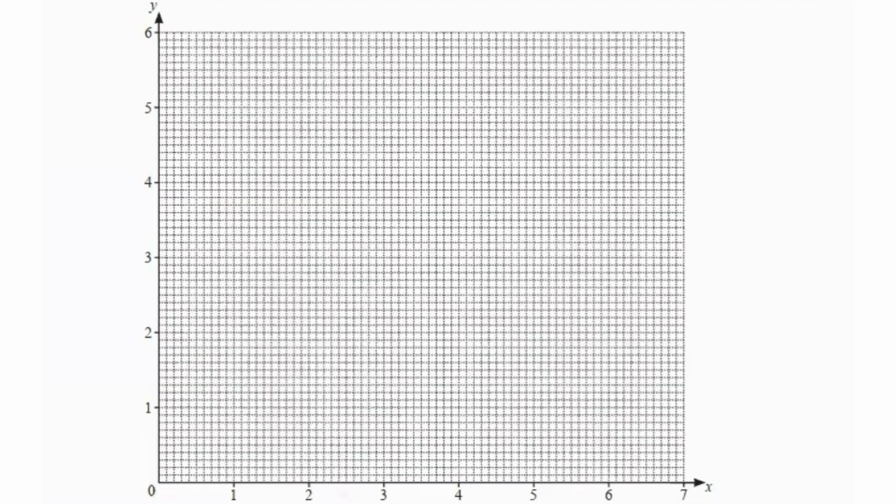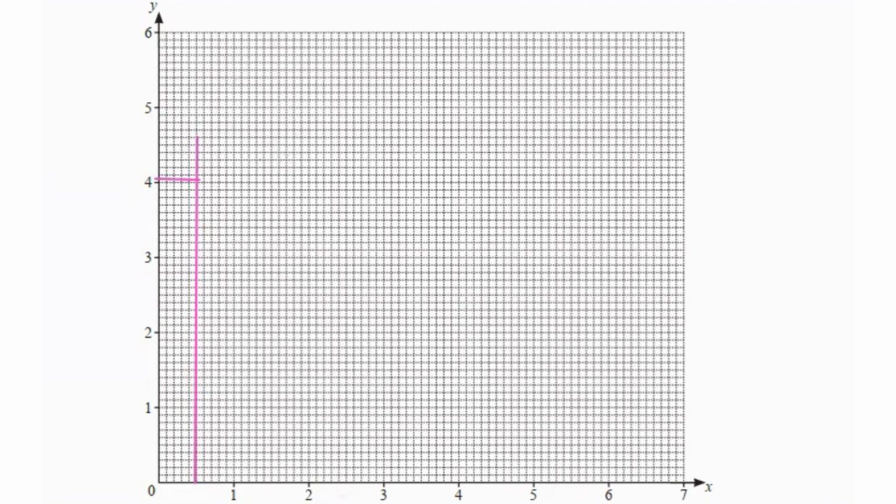So let's plot the points now. First one is 0.5 and 4.13. So 0.5 is going to be 1, 2, 3, 4, 5. And 4.13 is going to be somewhere over here.